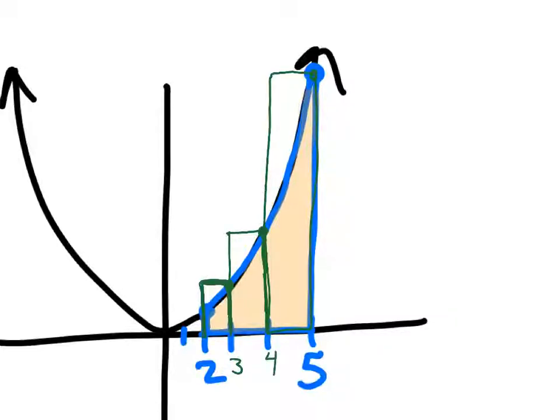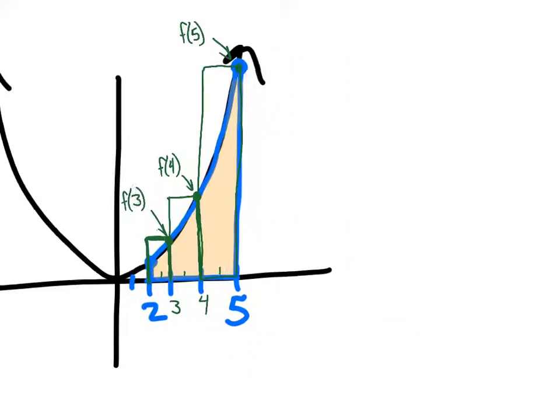Each of these rectangles has a width of 1. But in order to find the height of the rectangle, I have to evaluate the function on the right-hand side. So in this case, it's f of 3. And in this case here, it's f of 4. And in this case here, it would be f of 5.